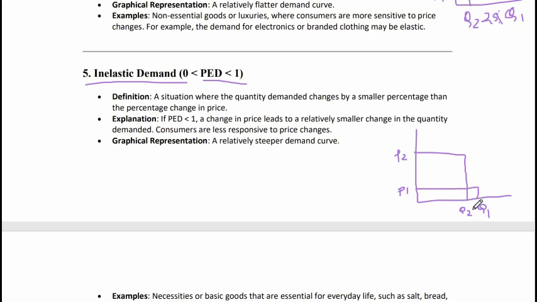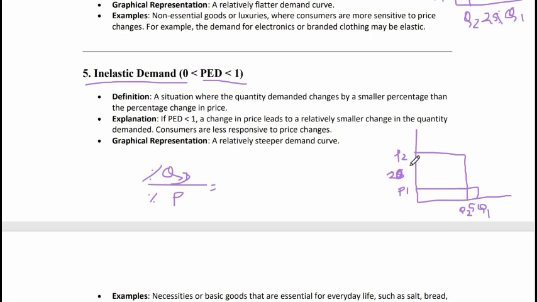Now, let us say the quantity has changed by 5%, but the price has changed by 20%. So again, we have the formula: percentage change in quantity demanded upon percentage change in its price.